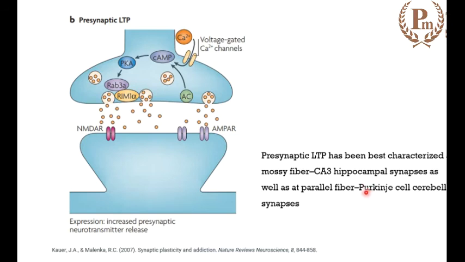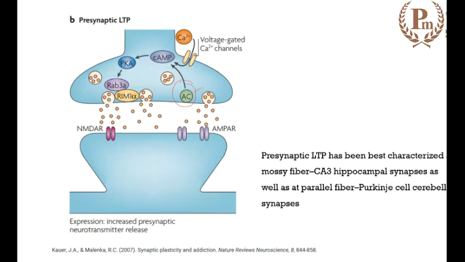Now, let us start with presynaptic long-term potentiation. This is another way of learning, the long-term potentiation. Here, since it's presynaptic long-term potentiation, what do I find? When these impulses cause an increase in calcium ions, the calcium ions which get in stimulate another protein, adenylate cyclase.